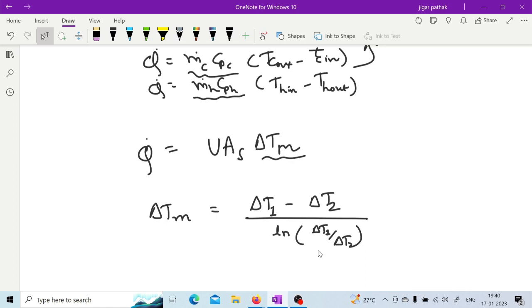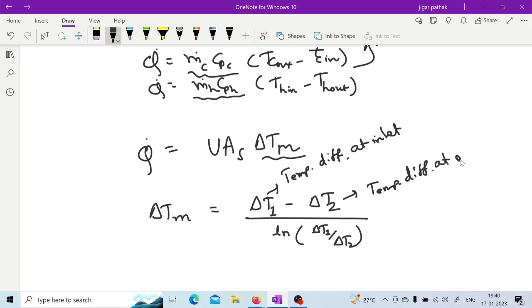Here delta T1 is the temperature difference at the inlet, while delta T2 is the temperature difference at the outlet. So this is how you get the heat transfer in your heat exchangers.